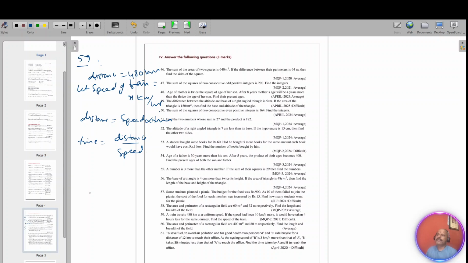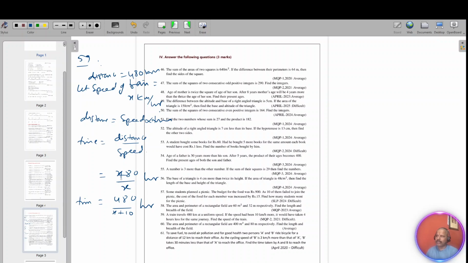Now if speed is x, what is the time? That is 480 kilometer by x. This is time in hours. If it is more by 10 kilometer per hour, then time is 480 by x plus 10.